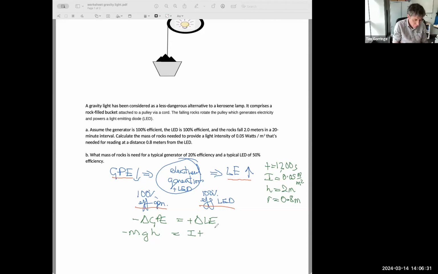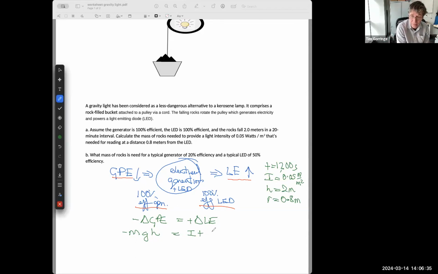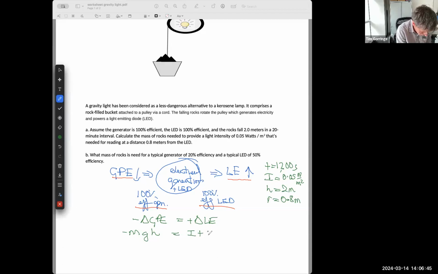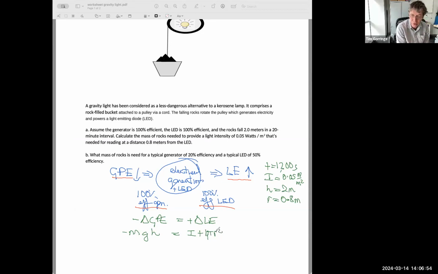And so if we multiply this quantity here in joules per square meter by the surface area of a 0.8 meter sphere, that will tell us the total energy that the LED must be radiating. So I'm going to multiply this by 4 pi r squared. That's the area of a spherical surface. And this particular spherical surface I'm thinking of is one of radius 0.8 meters.